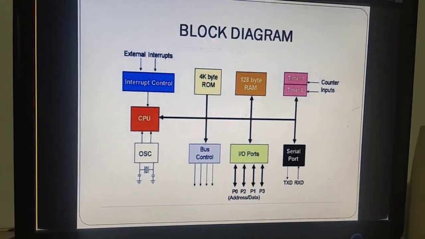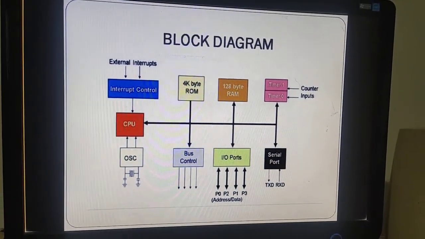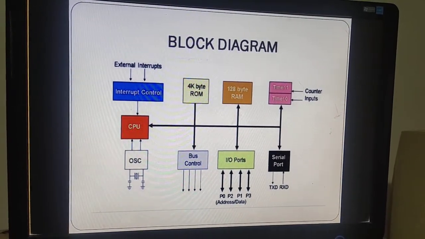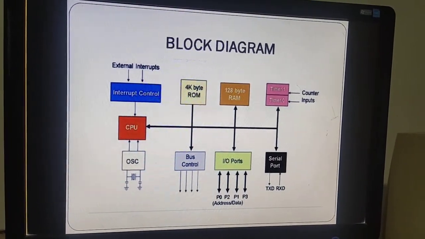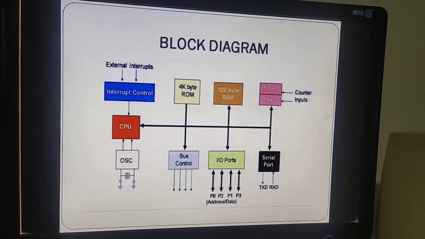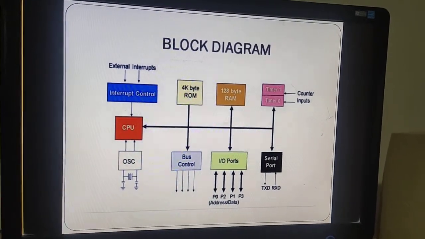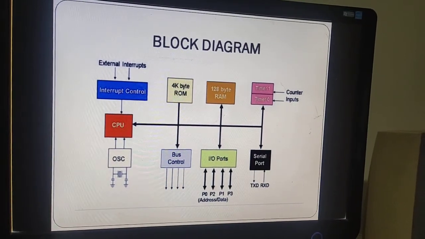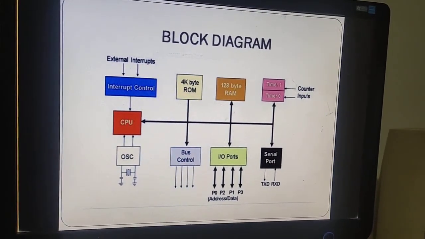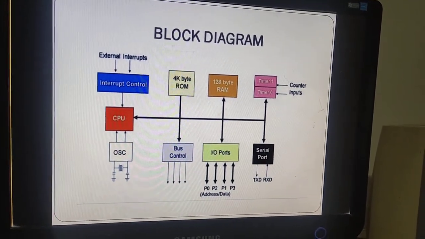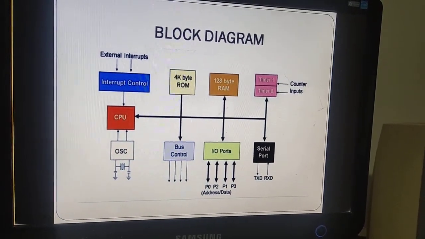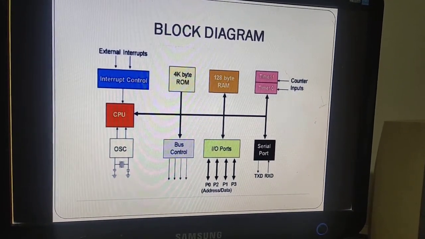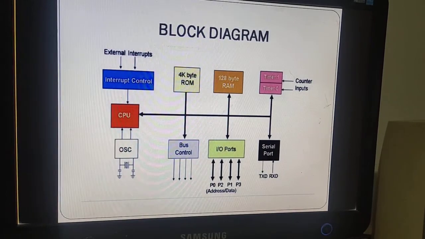The block diagram. See, this is just a block diagram of 8051, but actually there is an architectural block diagram also that is more important. But keeping things simple, we start with the salient block diagram features. As you can see, you have different units like interrupt control, ROM, RAM, timers, serial port, input-output ports, bus and oscillators.